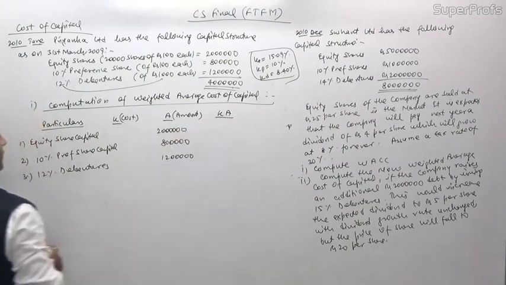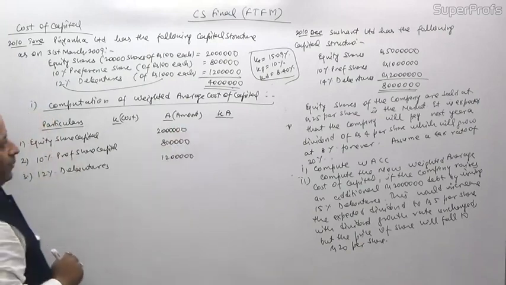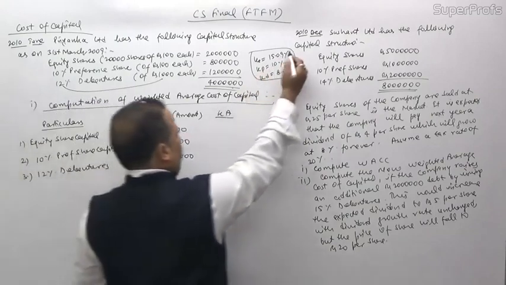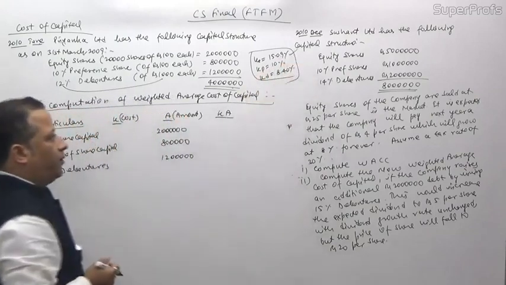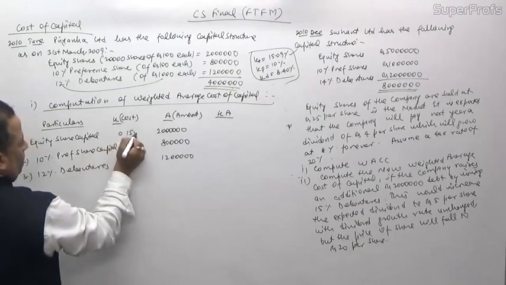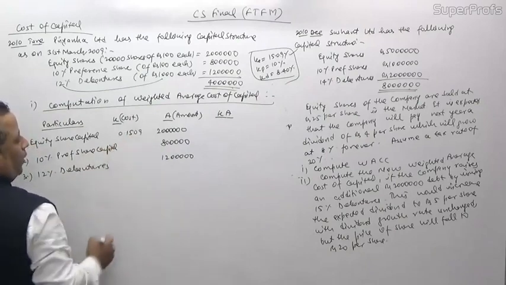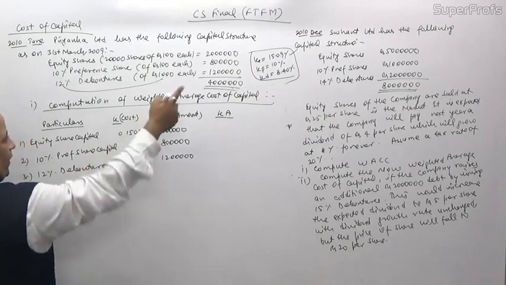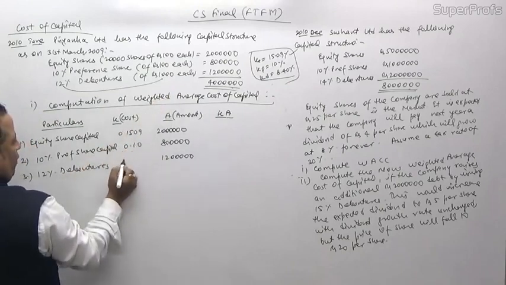For the equity share capital, the cost of equity as we calculated in the first step is 15.09%. The cost of preference share capital is 10%, and the cost of debt is 8.4%.